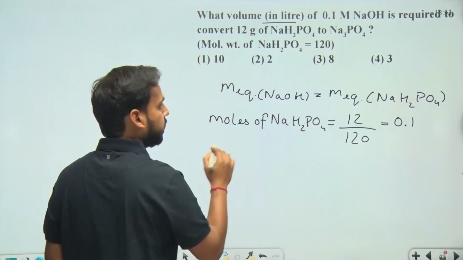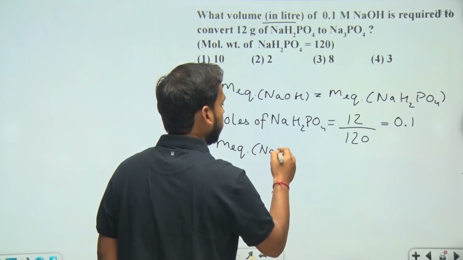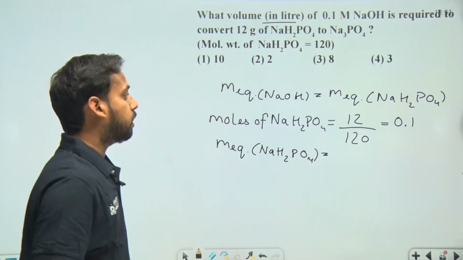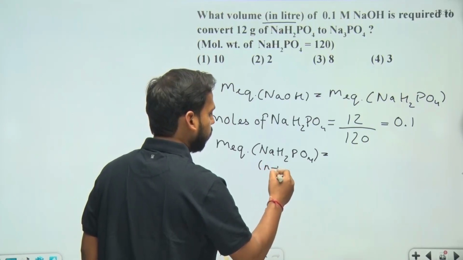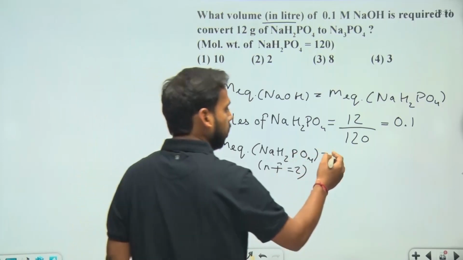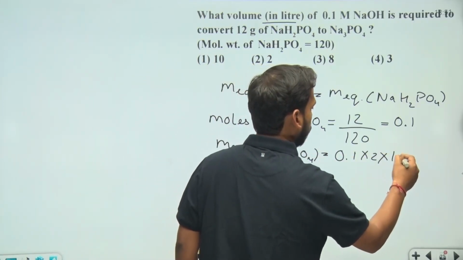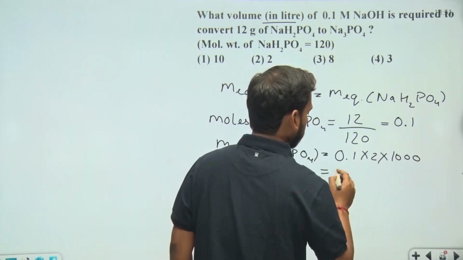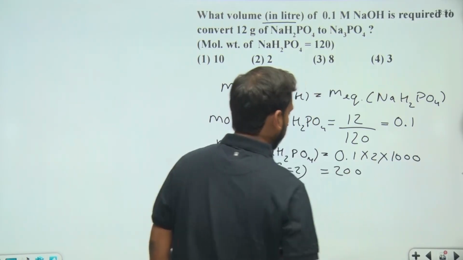Then we have to calculate the milliequivalent of NaH2PO4. The N factor for NaH2PO4 is 2. So it will be the moles 0.1 into its N factor 2 into 1000, so it comes out to be 200.